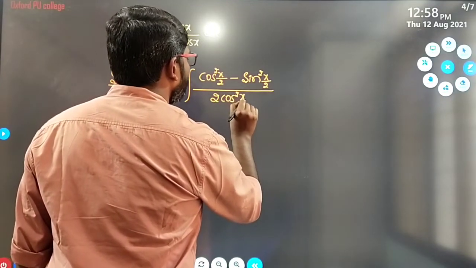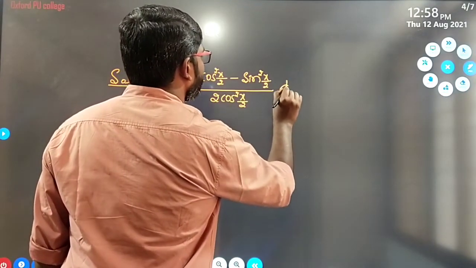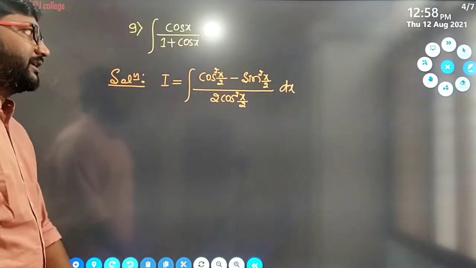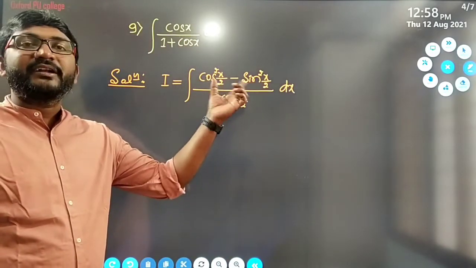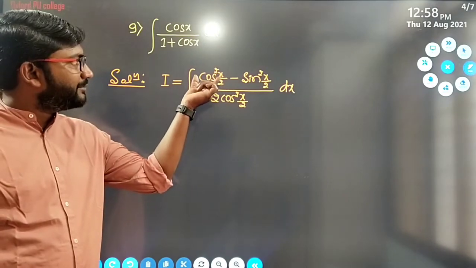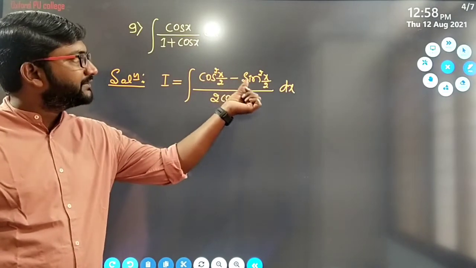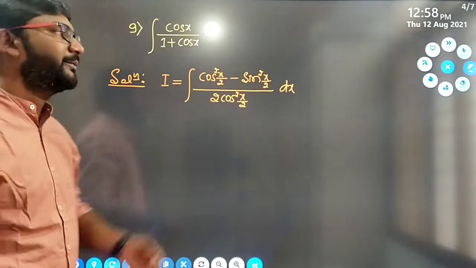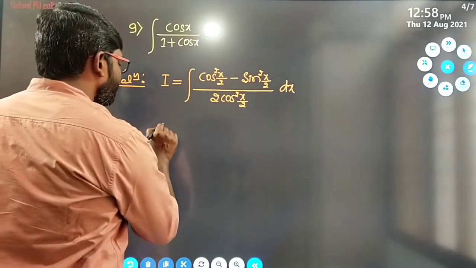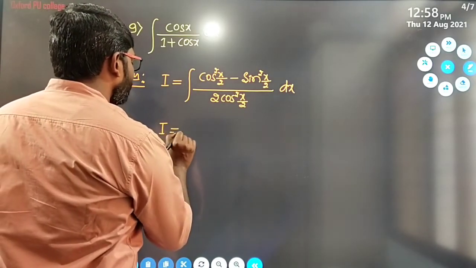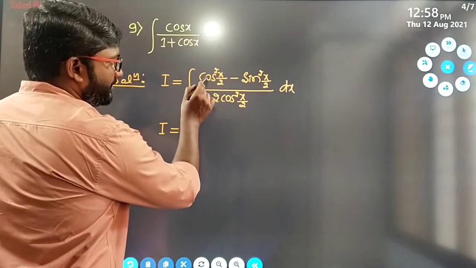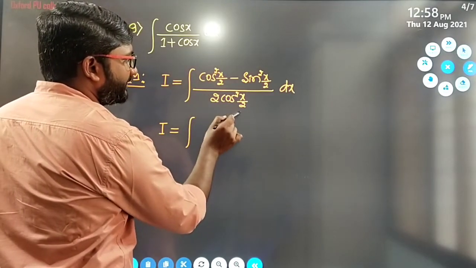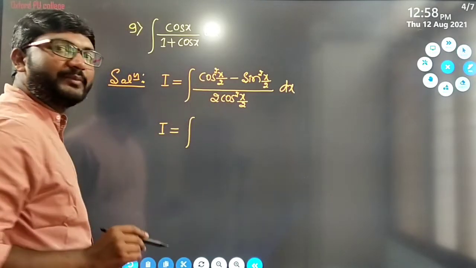2 cos square x by 2 dx. So now we will have to split the numerator into 2 terms. We get cos square x by 2 by the denominator minus sin square x by 2 by the denominator. So what we get here, I is equal to the integral of cos square x by 2 divided by the denominator, meaning cos square x by 2 gets cancelled.